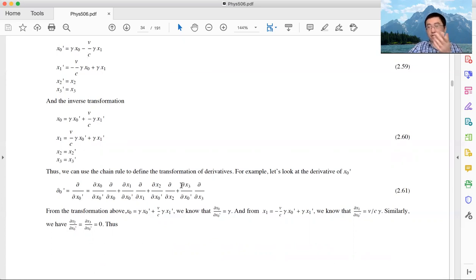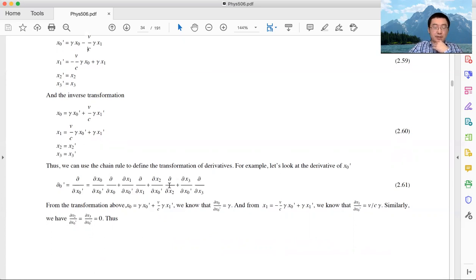This is just the chain rule. And in this chain rule, we need these derivatives, for example, partial x0 over partial x0 prime. These derivatives can be calculated here. We know x0 is x0 prime times gamma, so this derivative just gives me gamma, and so on.